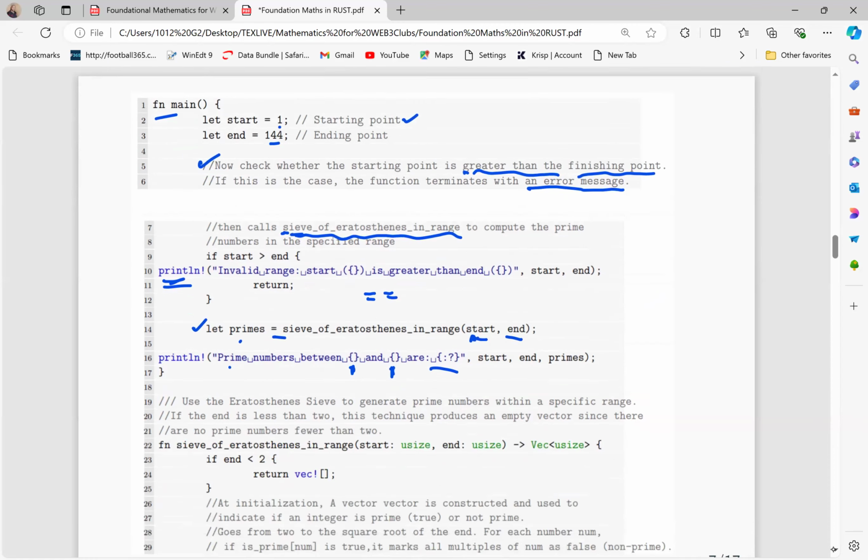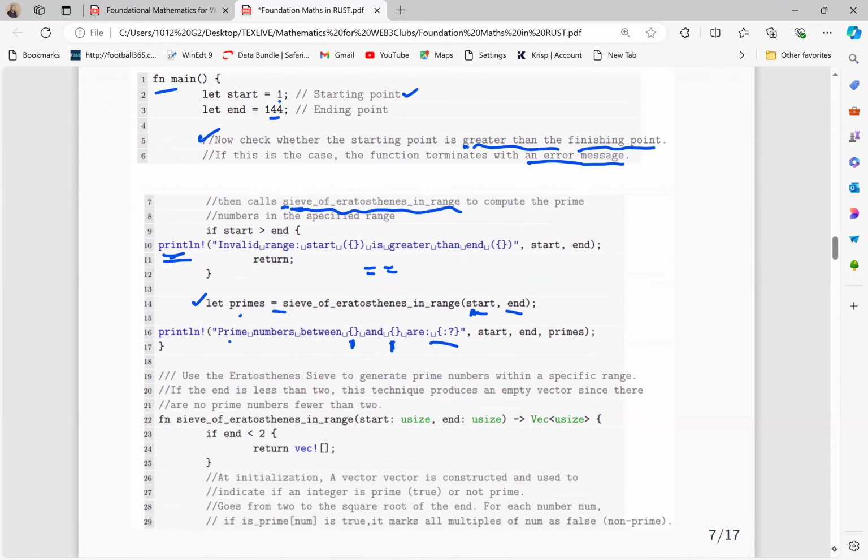I've said that this algorithm generates prime numbers within the specified range. If the end of your range is less than 2, supposing you'd said from the range 1 to 1, this range has no prime numbers.